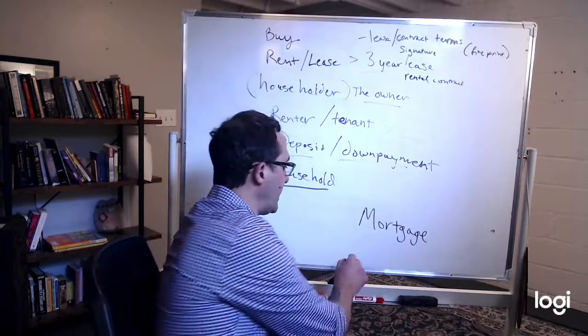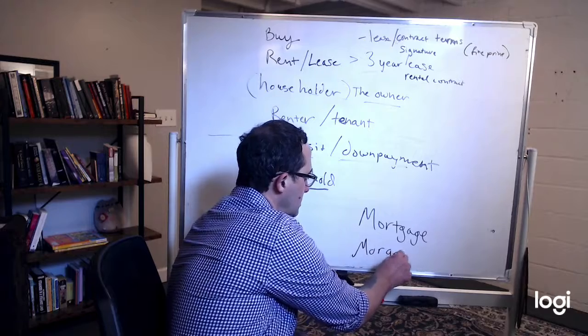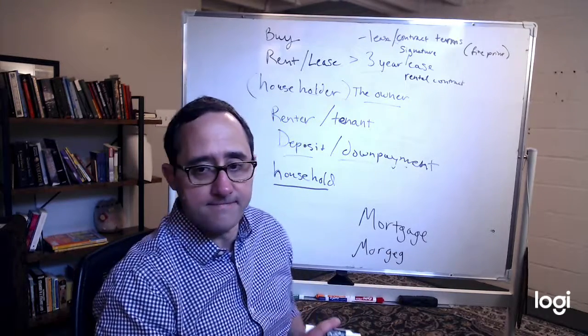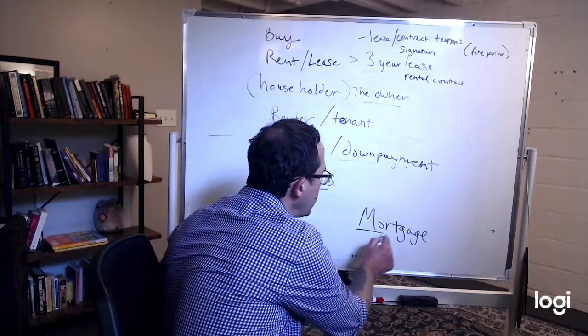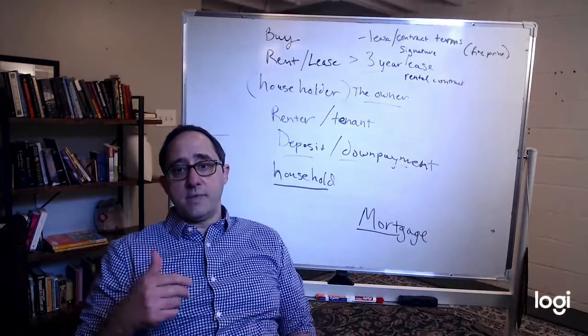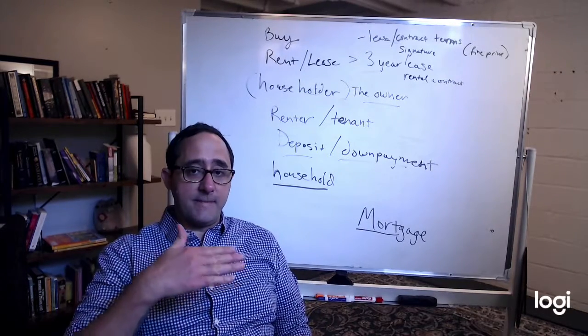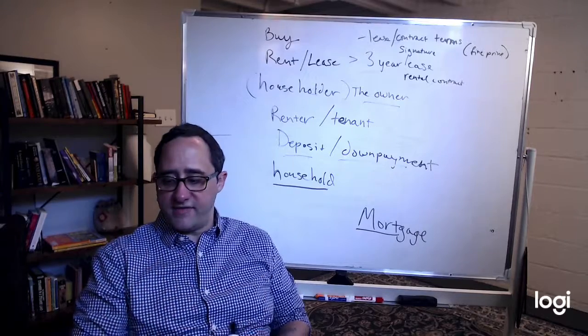Mortgage. We pronounce it like this: mortgage. And I believe that the mort in here probably refers to that you have it for a certain amount of time and it kind of dies. You know, you have it for a certain period of time.